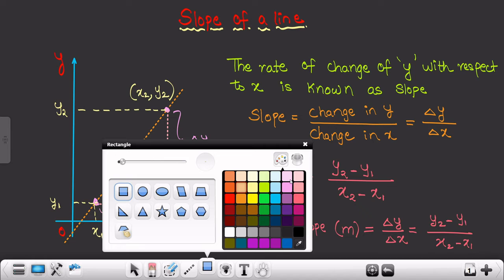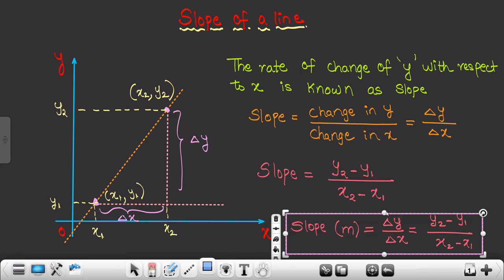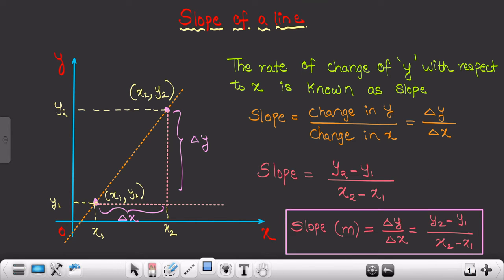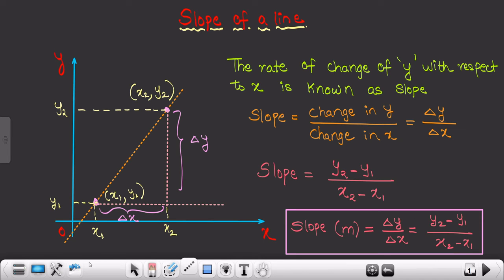This is the exact formula for the slope of a line. Now moving to the next page, I will copy this diagram onto the next page because I may require it.